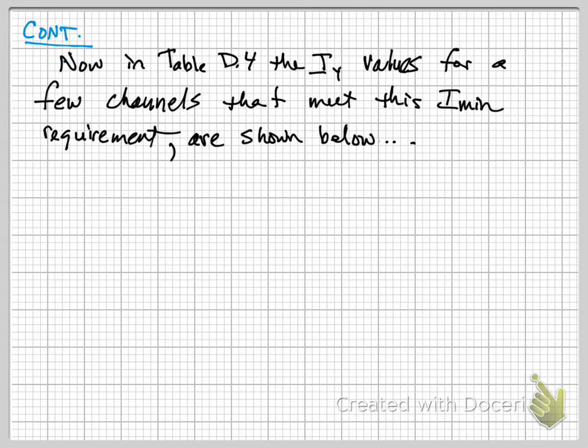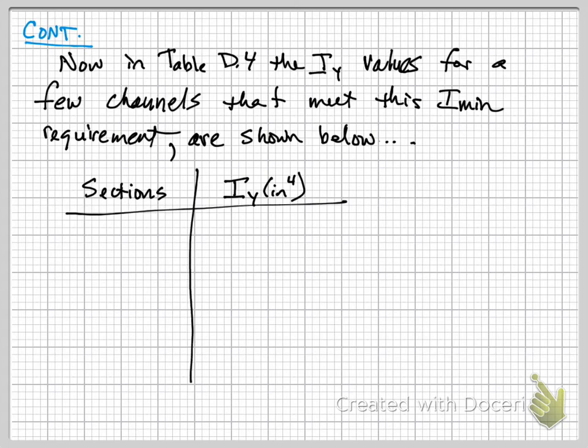Okay, so I'm going to make a table of the different sections and their respective IYs in inches to the 4th. If my I minimum is the 2.26 inches to the 4th, then I have to pick values where I is larger.